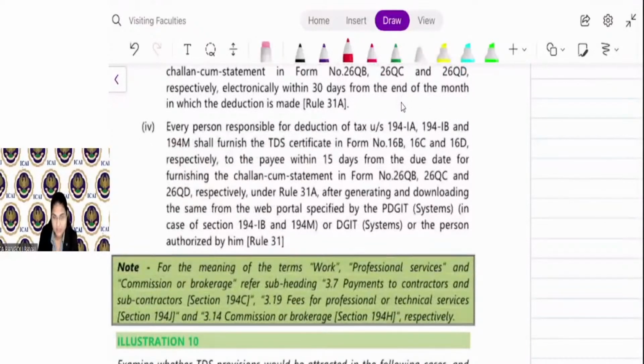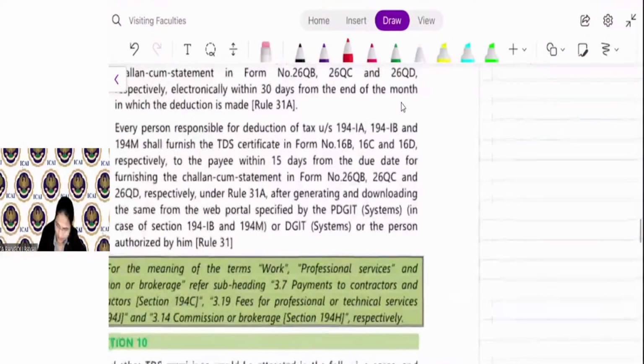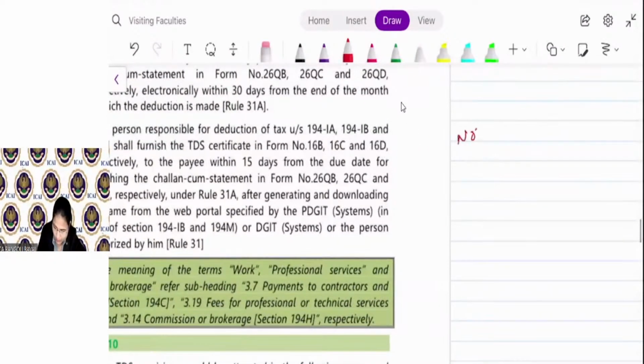Now you have deposited the tax via Chalan cum statement to the government. Now you have to provide the certificate that the TDS is deducted and deposited to the government to the payee within 15 days from the due date for furnishing the Chalan cum statement. For example, if you deducted TDS in the month of November, you are required to deposit the TDS to the government by 30th December.